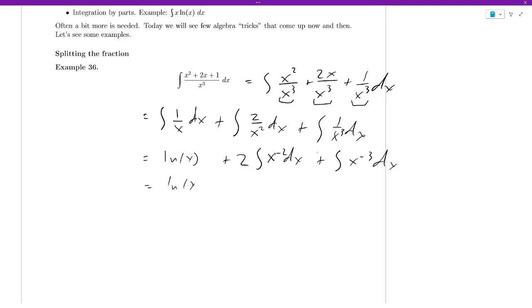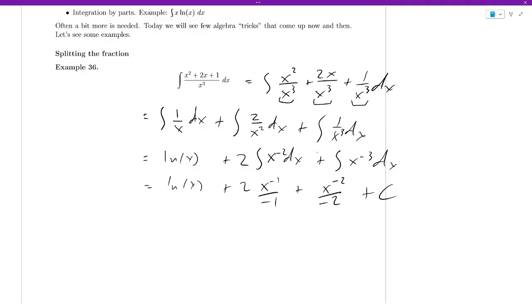So we'll still have log x, and then here I've got to use my power rule, so x to the minus 2 goes to x to the minus 1. I do plus 1, right? And then divide by the new power. And then the last one is going to be x plus 1, so x to the minus 2 over minus 2. And I'll throw in the plus c.